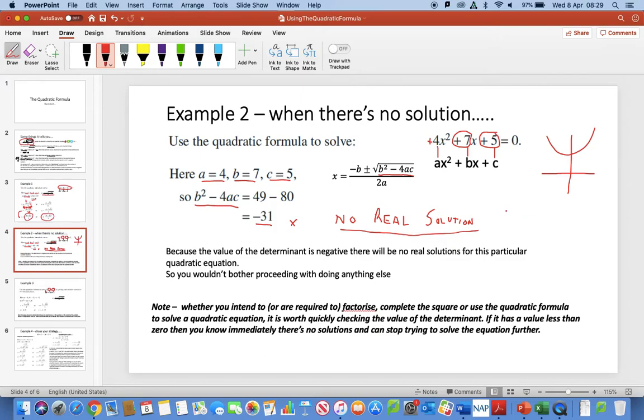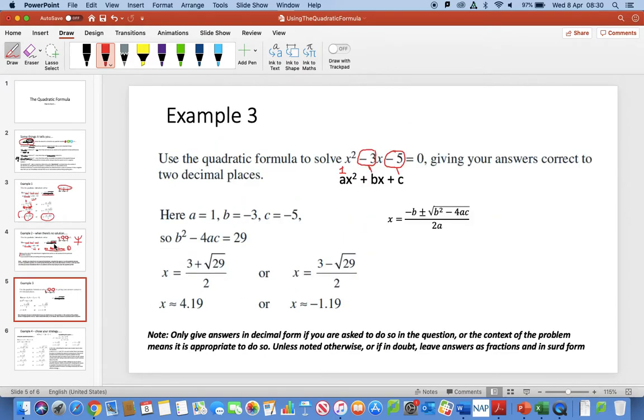Although Google imaginary numbers, which is an i, that's a terrible i. I still haven't mastered writing very well in this. But check that out, and it might be able to explain to you a little bit of the basics of how we can use imaginary numbers to solve negative square roots. But that's an aside. Because the value of the determinant is negative, there'll be no real solutions for this particular quadratic equation, so that's it. Simple as that.